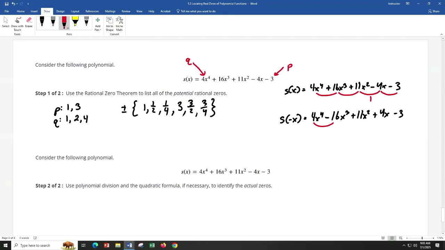Is there a sign change from here to here? Yep. Here to here? 2. Here to here? Here to here? Oh yeah, look at that. What's 3 plus 1? You did it right. It has to be 4, because there's a power of 4 there.